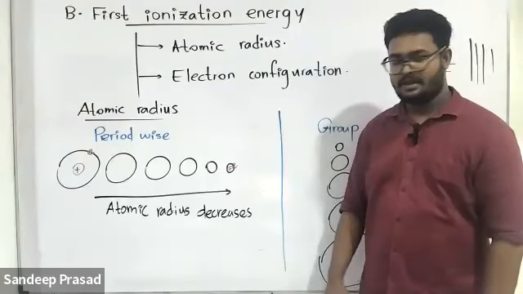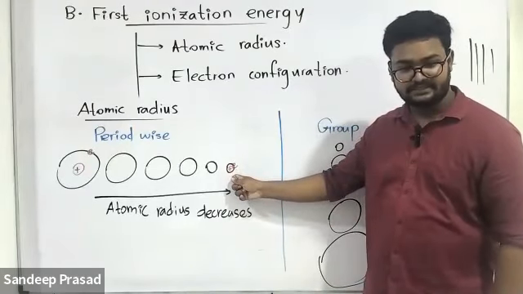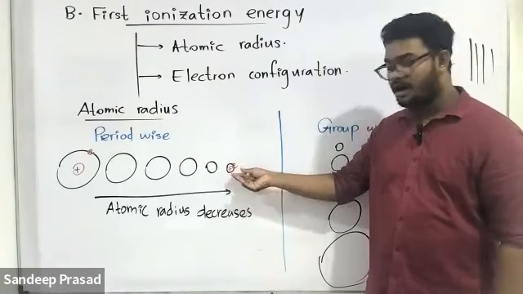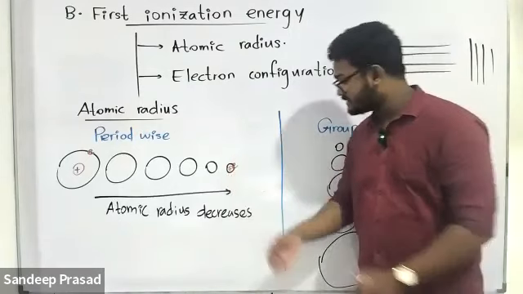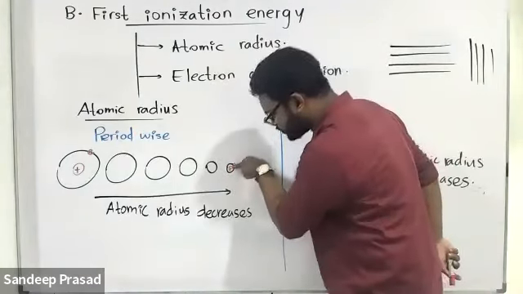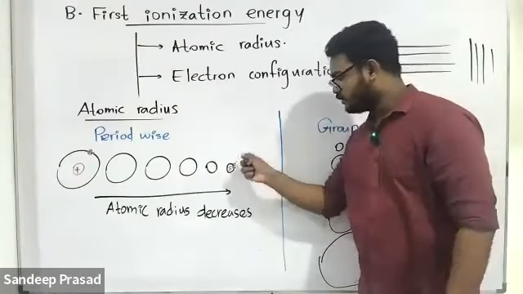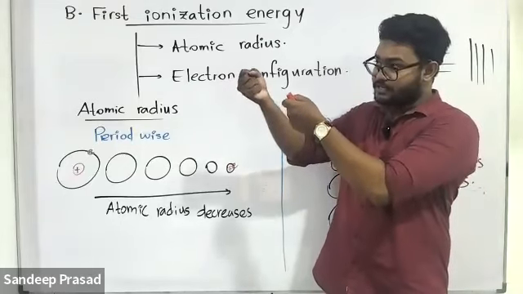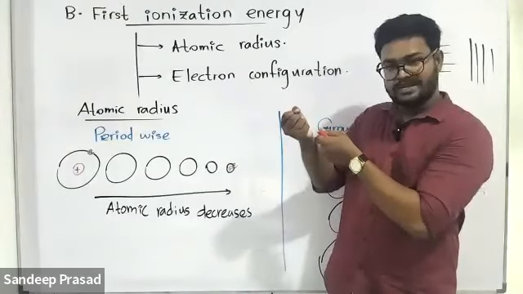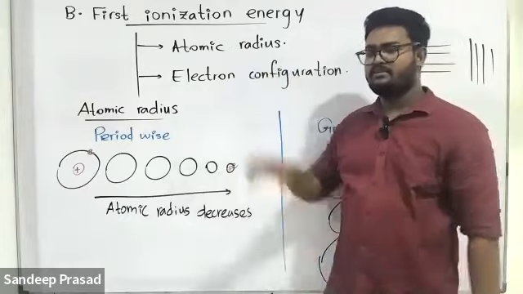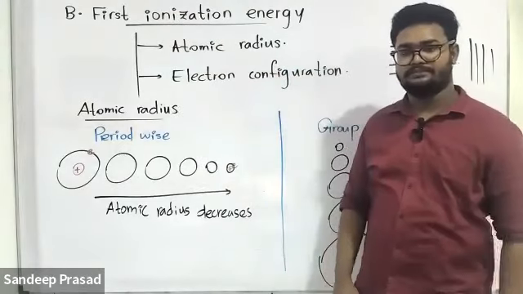Can you understand? But if you consider this atom, you can't easily remove this electron because this electron is very close to the nucleus. If it is very close, the nucleus is pulling the electron toward itself. So we can't remove the electron from that.